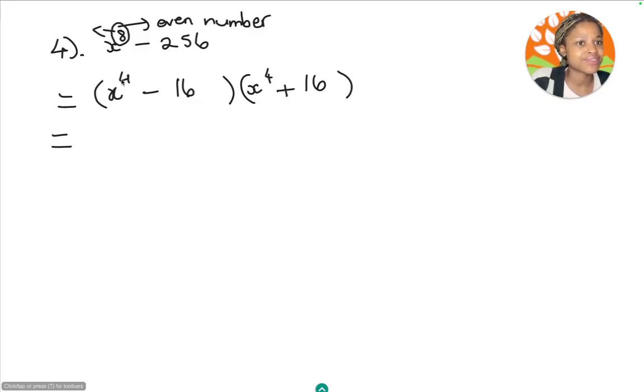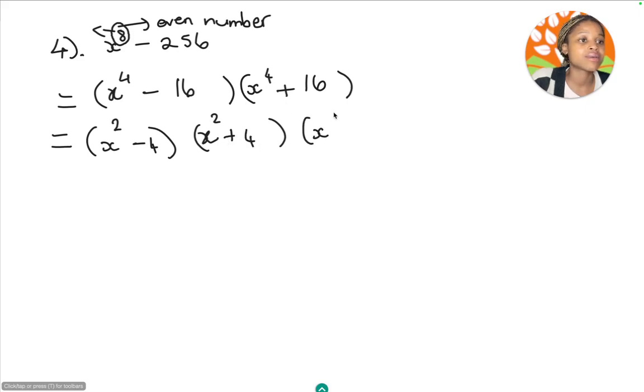Okay, so let's factorize this because it's a difference of squares. So 2 brackets once again, x to the power of 4 becomes x squared, minus 4, plus 4. And then this bracket remains the same because we cannot change it. It's not a difference of squares. We can't factorize.